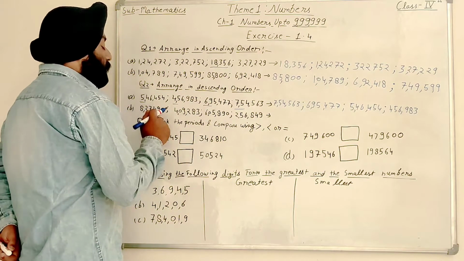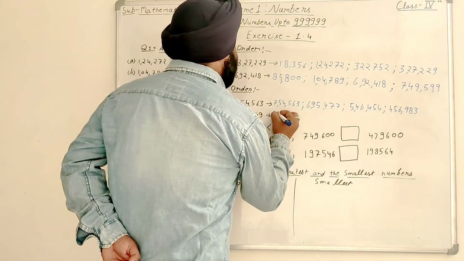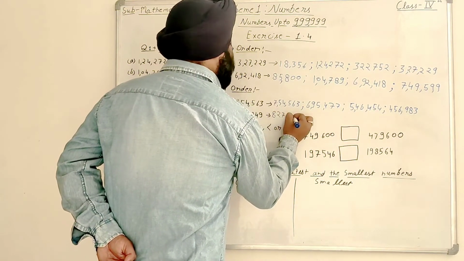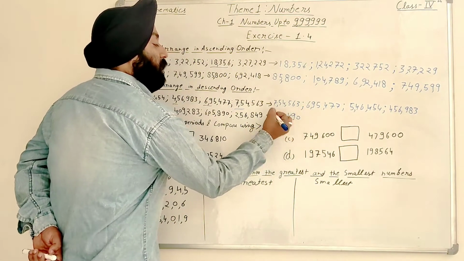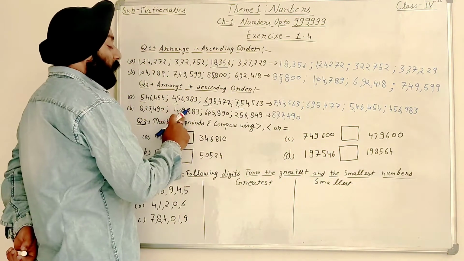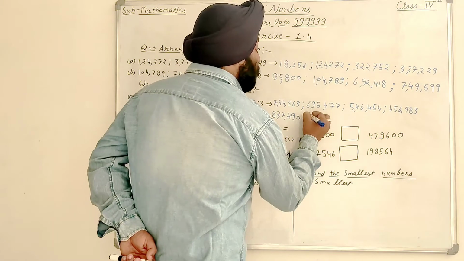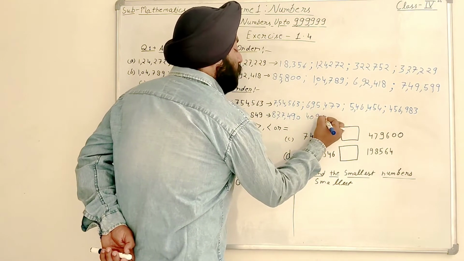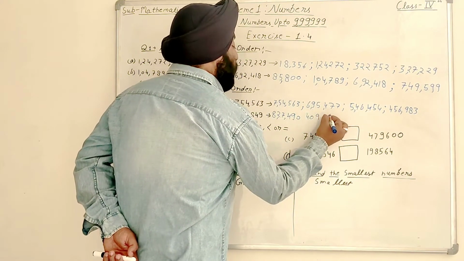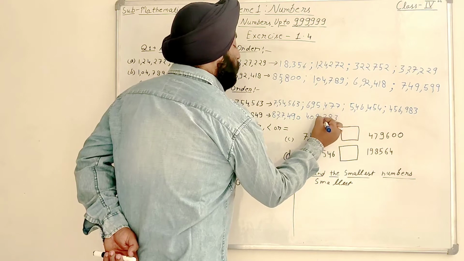So the greatest one is 8,27,490. Then 4,09,283.